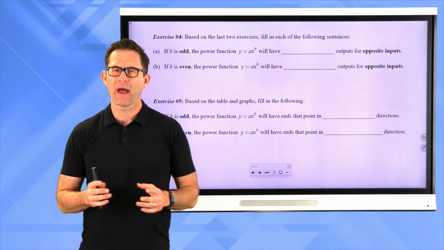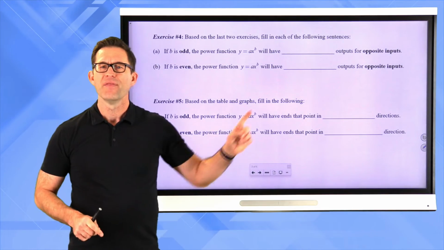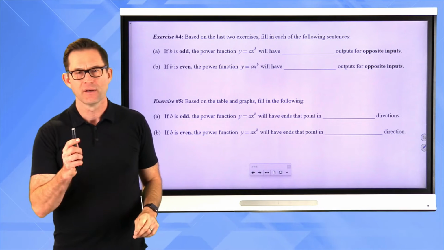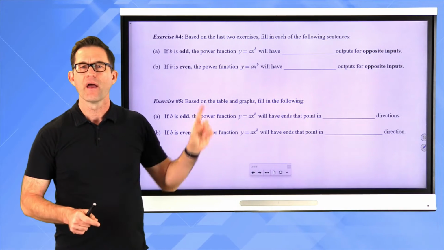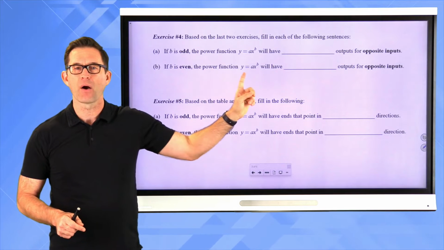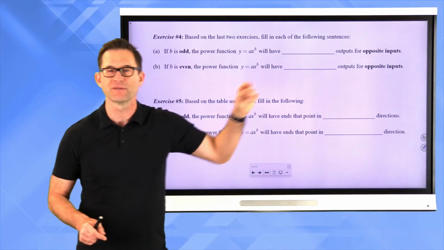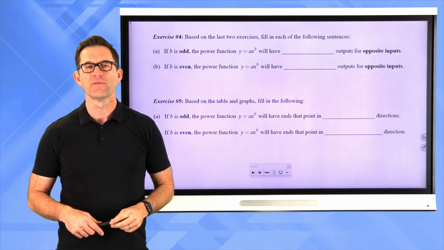So if the power is odd, what will be true about the outputs for opposite inputs? Pause the video there. And if b is even, the power function a x to the b will have blank outputs for opposite inputs. Pause the video and see if you can fill those in.